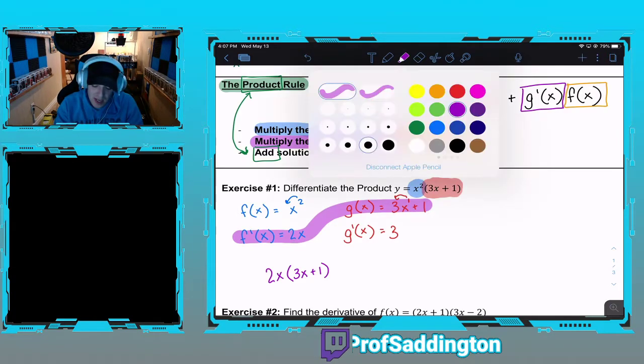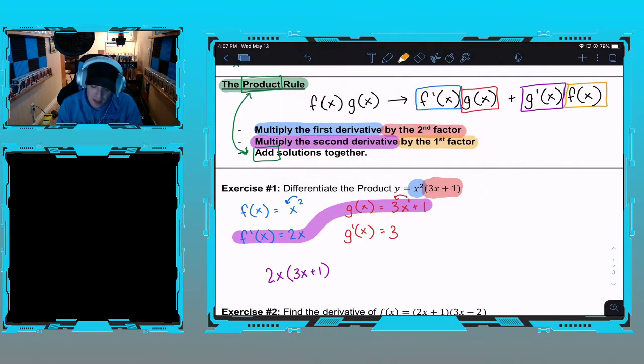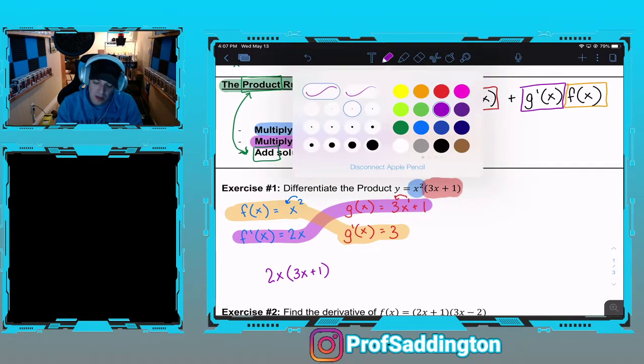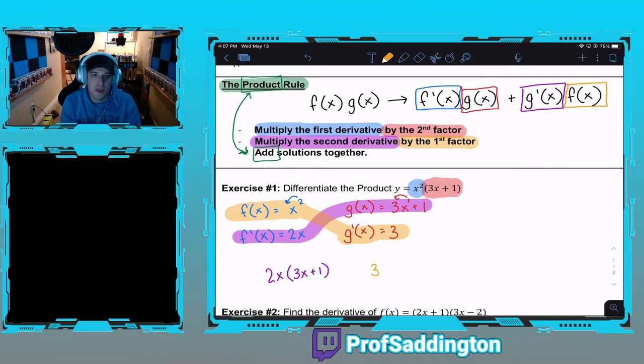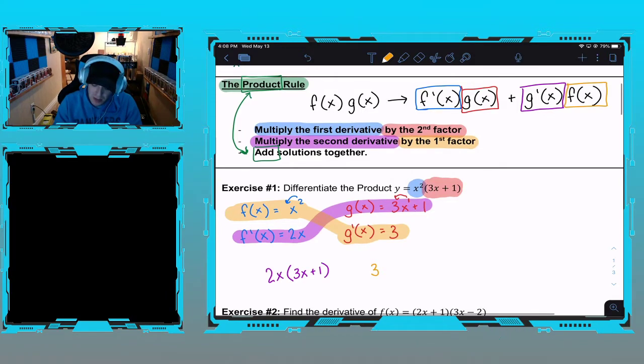The second step says that I'm going to take the second derivative, which is this g prime of x, and I'm going to multiply it by the first factor. So now what I'm going to do is I'm going to write down 3, because that was the answer for g prime of x, and I'm multiplying it by x squared.